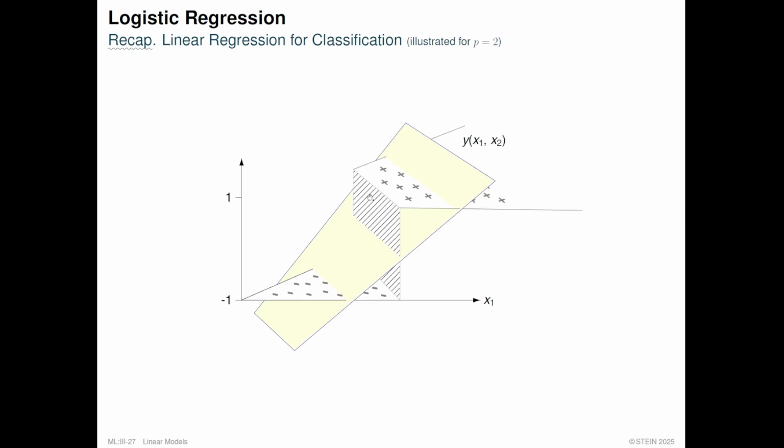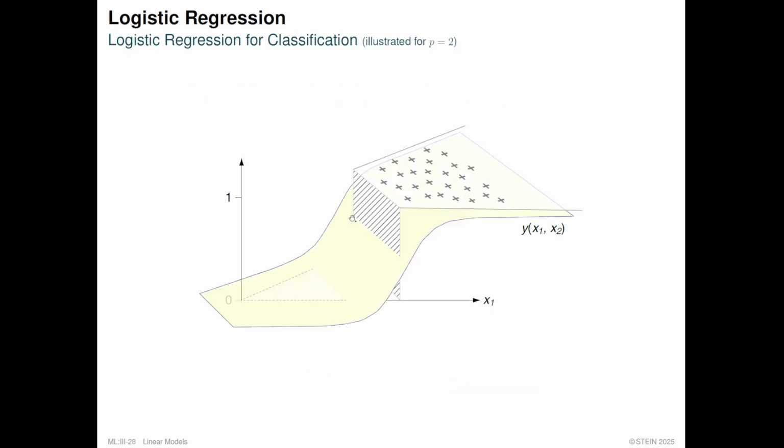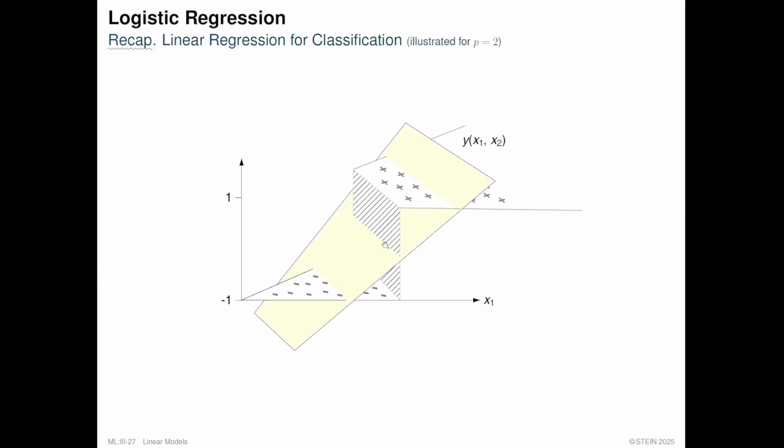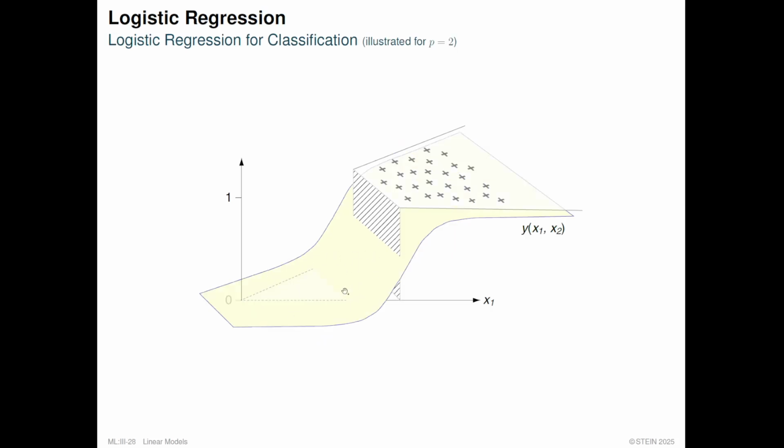So this is the intersection of this imaginary plane here, separating our pluses and our minuses. And this edge here is the threshold. Everything that's above it is classified as plus, everything below classified as minus.